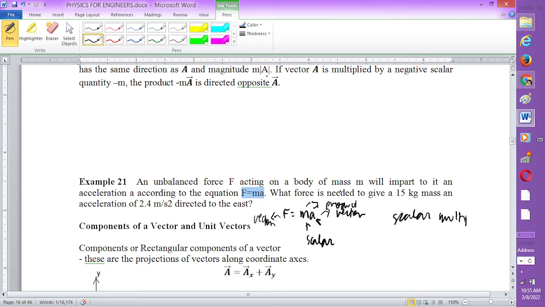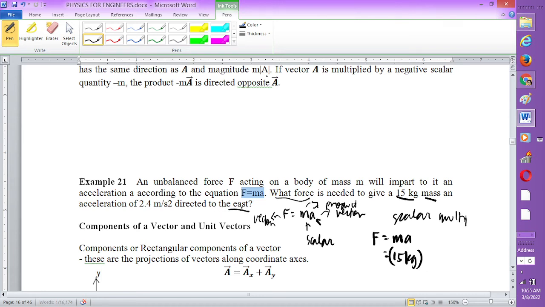So we just follow the format, the formula. Here, we are asked to find the value of force if your mass is 15 kg. So following the formula, 15 kilograms, which is just a scalar. And then your acceleration is 2.4 meters per square second directed to the east.